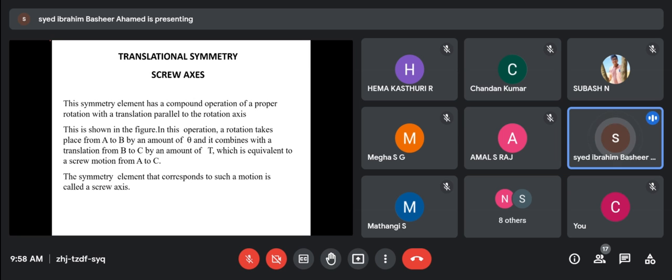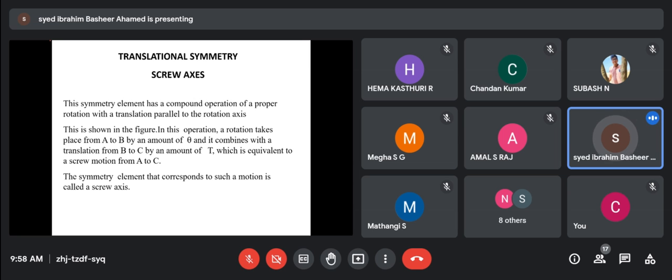Okay, so now we are going to see symmetry operations which involve translation. So far we saw rotation, reflection, center of symmetry, right? And what else? Improper axis of rotation, identity.